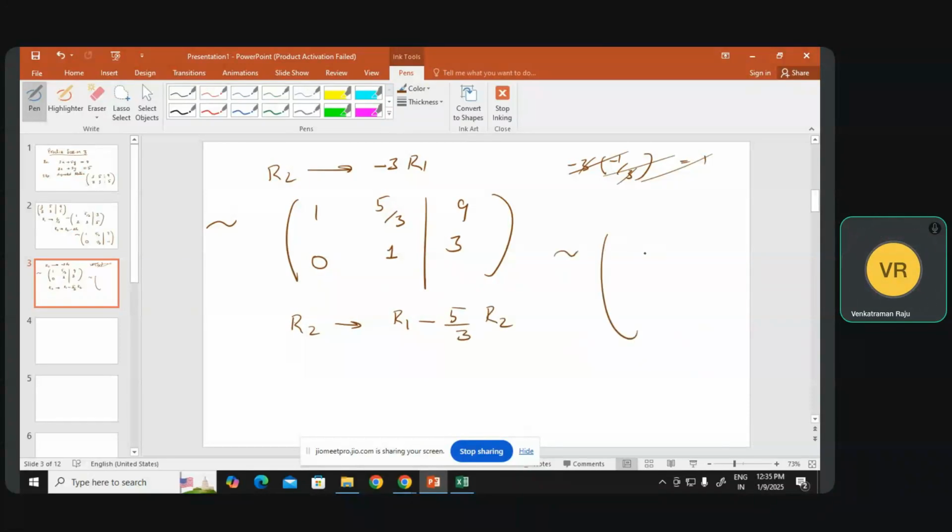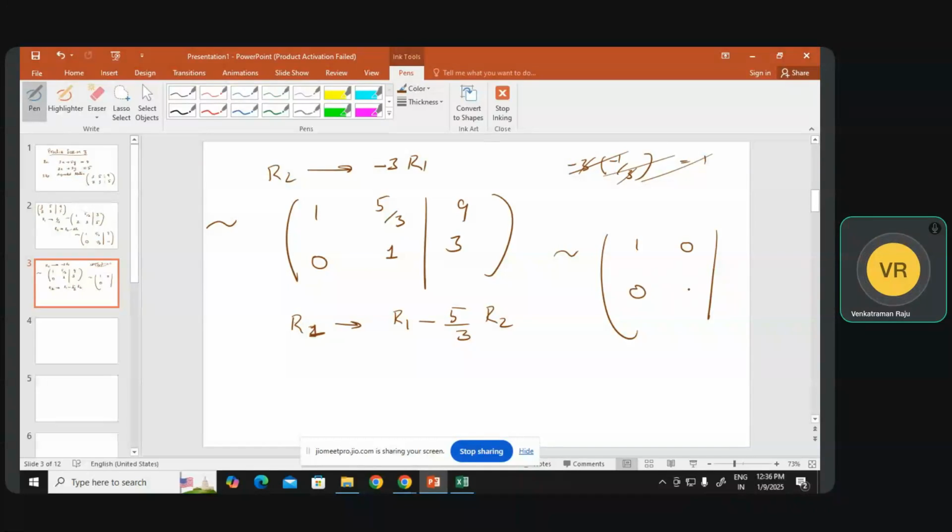The first row is the same. Sorry, I made a mistake. I'm not doing it on R2, I'm doing it on R1. So I made a huge mistake, sorry. This is what I was aiming at: this has to become 0.